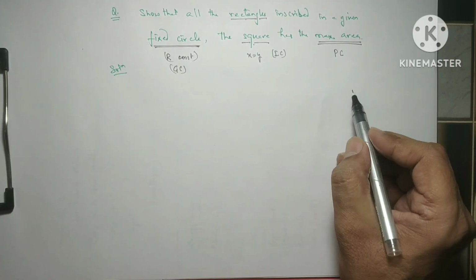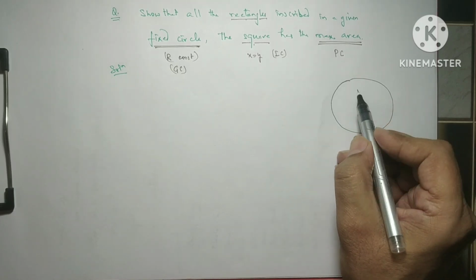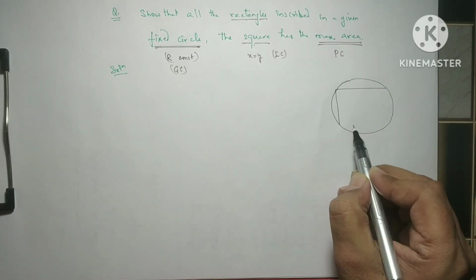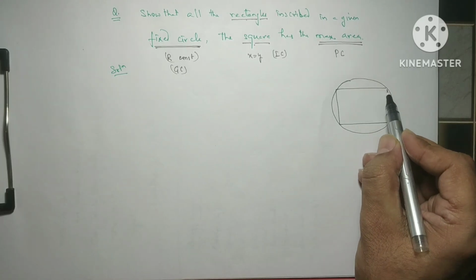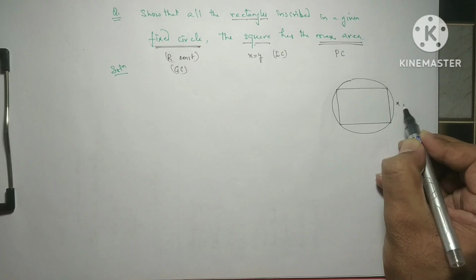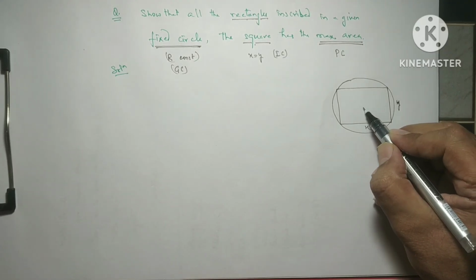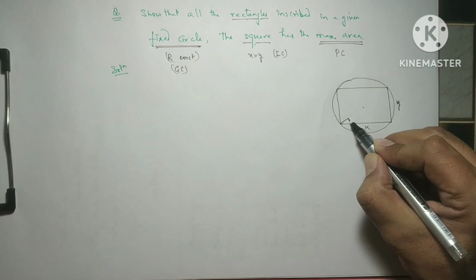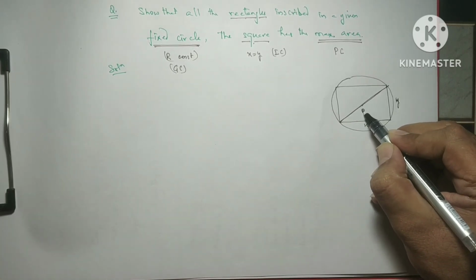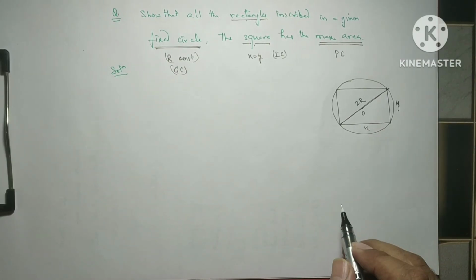So we have a circle and a rectangle which is inscribed in this circle. Its sides are x and y, this is x and this is y, and its radius is r, so this is the diameter, r and r, and completely this is 2r.